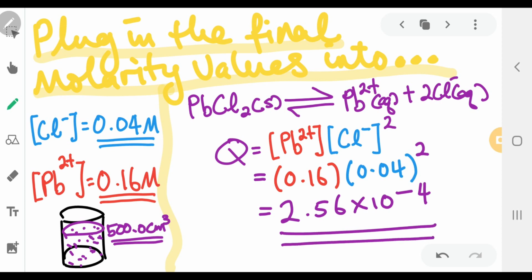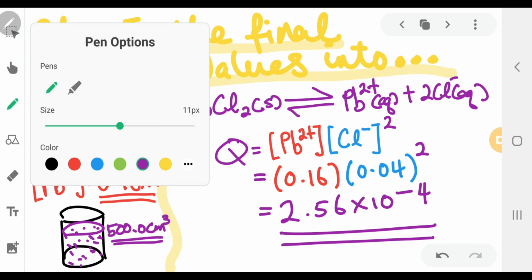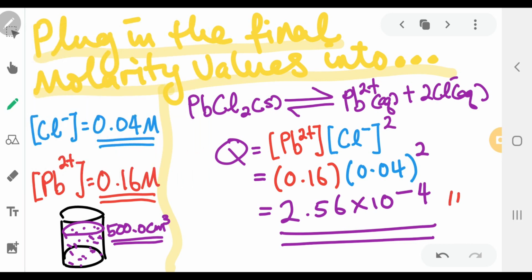Therefore, this is the Q value that we need to compare with the KSP. You would be able to get 1 mark for the value of Q that you have found.